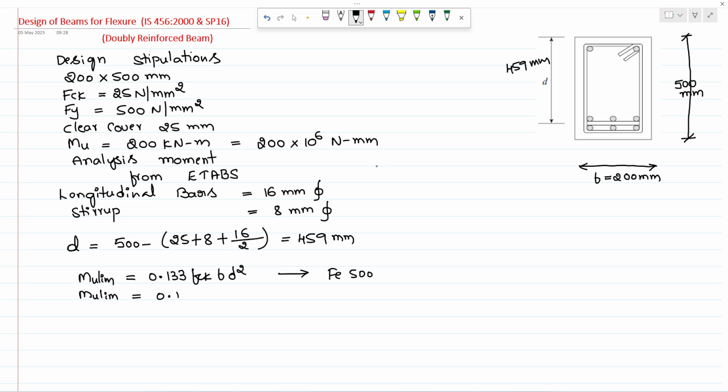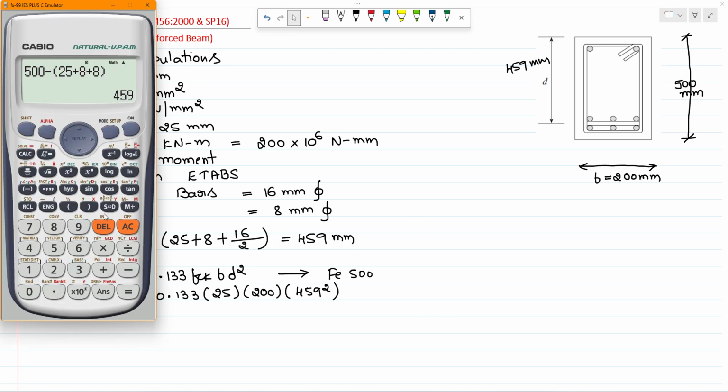So 0.133 fck, it is 25, width of the section 200, and effective depth 459 square.